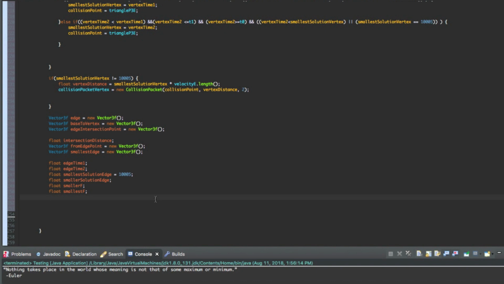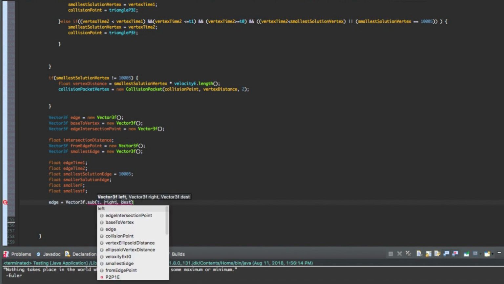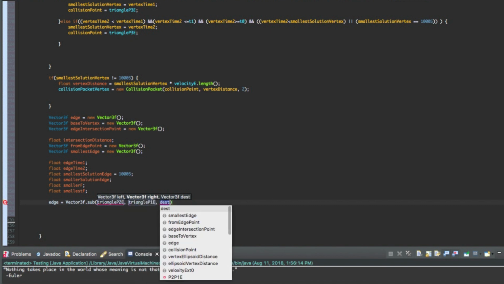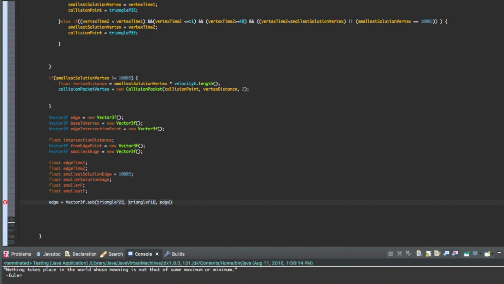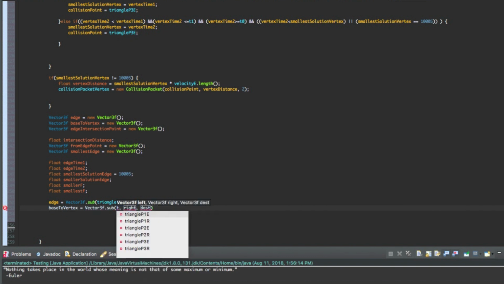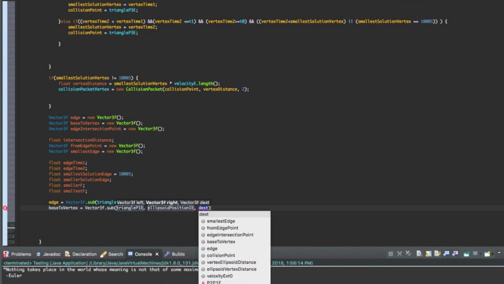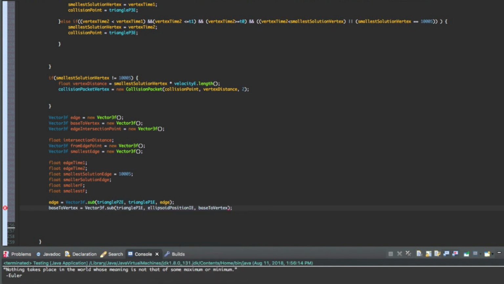So we'll say edge is equal to vector 3f subtraction between the triangle P2e and P1e. So this is the edge going from P1 to P2, and we'll store that in edge. And we'll say that base to vertex is equal to vector 3f subtraction the triangle P1e minus the ellipsoid position IE, and the destination is the base to vertex.